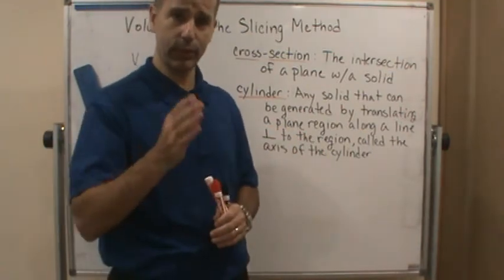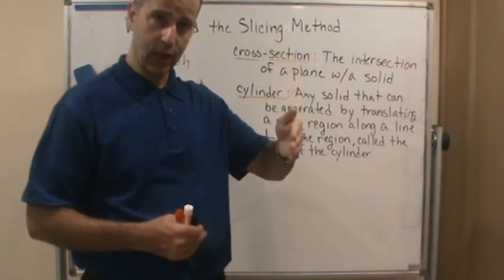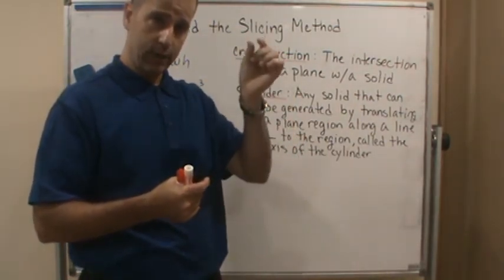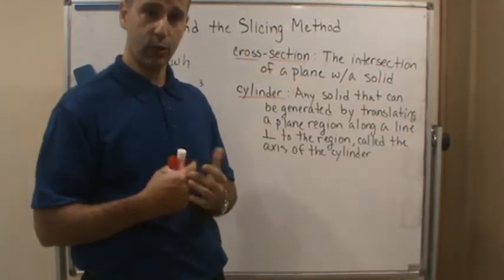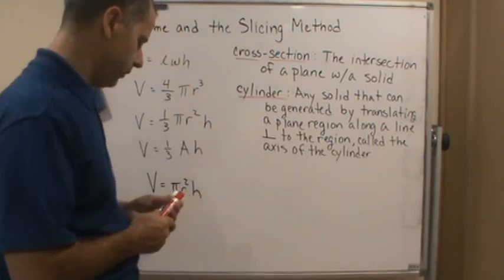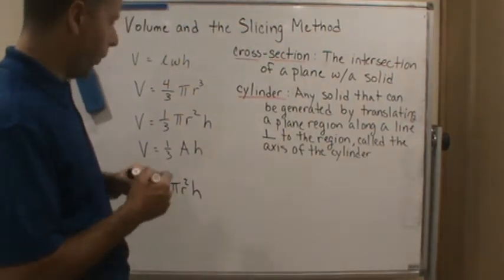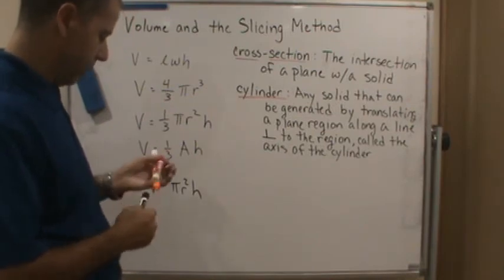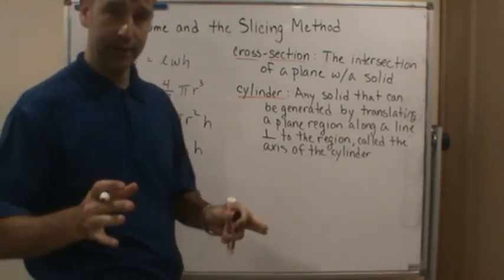Very similar to what we did with area, right? We had the rectangles. Now we're going to look at areas of slices by using cross-sections and the idea of a cylinder. The way we look at the volume of a cylinder really comes down to this.